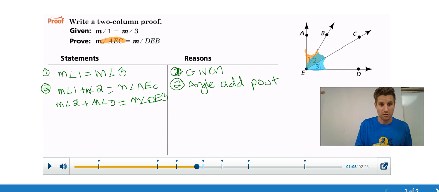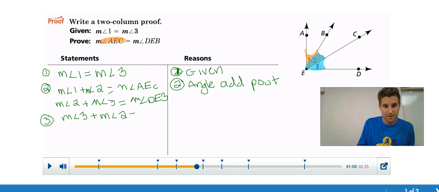Okay, so I'm going to substitute here. Instead of angle 1, I'm going to substitute angle 3. So here we go. The measure of angle 3 plus the measure of angle 2 is equal to the measure of angle AEC. How do I know that?